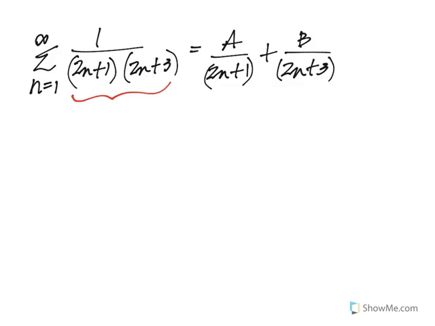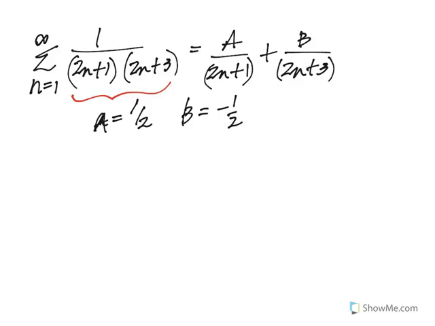That process is exactly the same as the one that we went through in Chapter 7. I'm going to skip over all that algebra. Suffice it to say that capital A turns out to be positive 1/2, and capital B turns out to be negative 1/2.